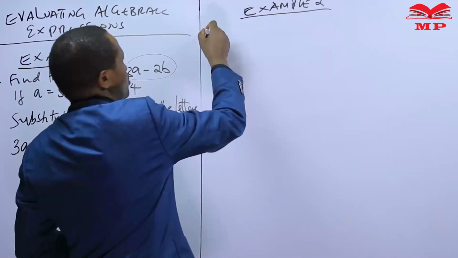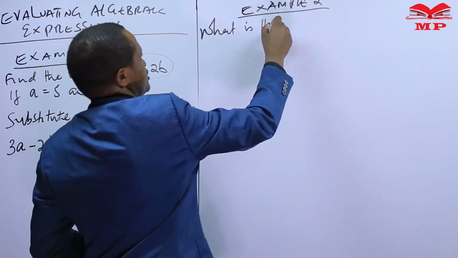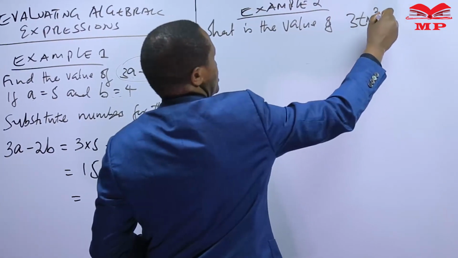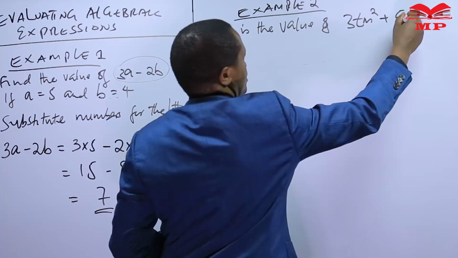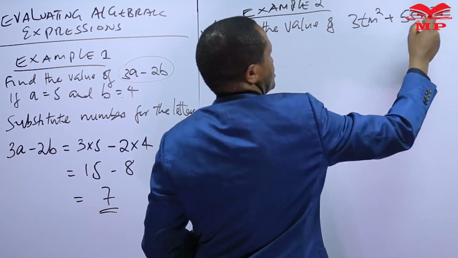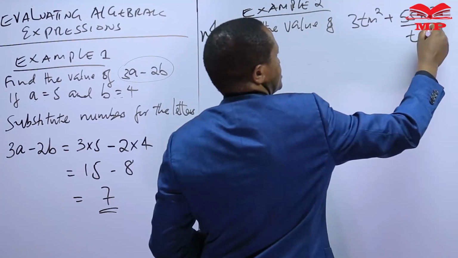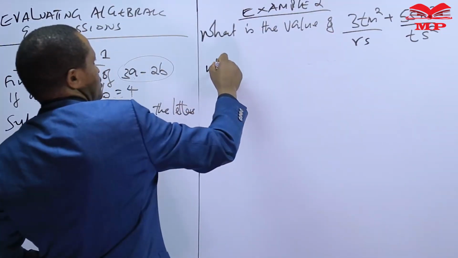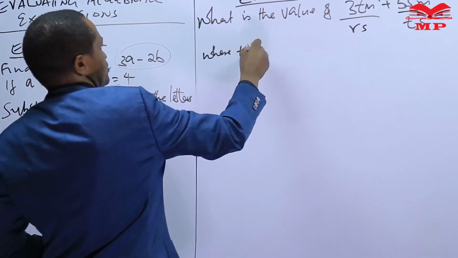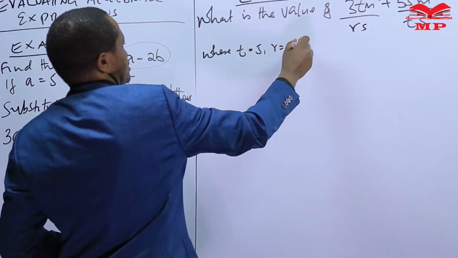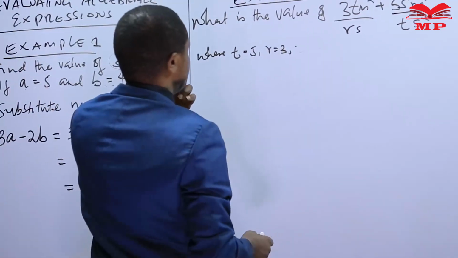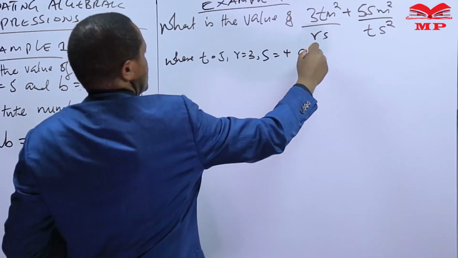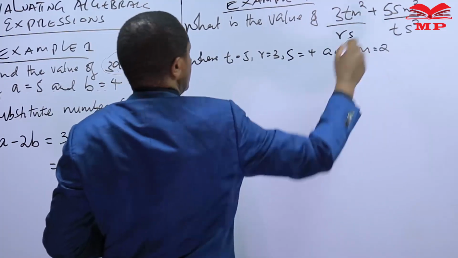What is the value of 3tm squared over rs plus 5sm squared over ts squared, where t is equal to 5, r is equal to 3, s is equal to 4, and m is equal to 2?